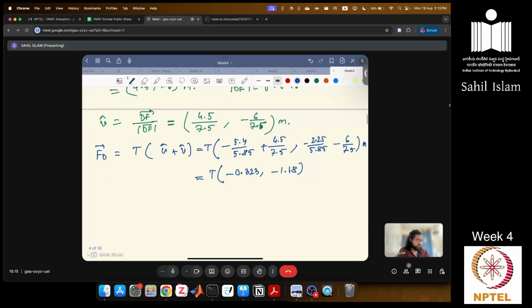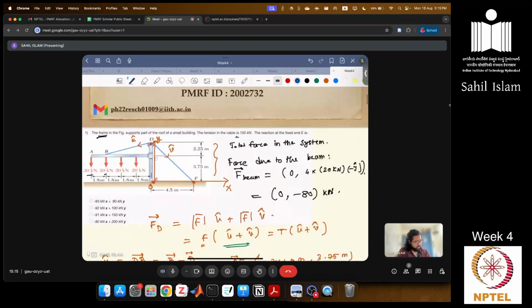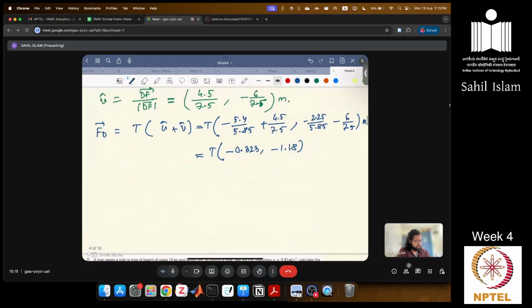Okay, so now T is given 150 kilonewton. So if you write 150 kilonewton times minus 0.323 comma minus 1.18, which will give you basically minus 48.45 comma minus 177 kilonewton.